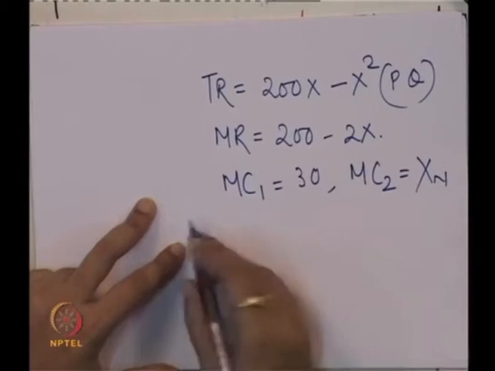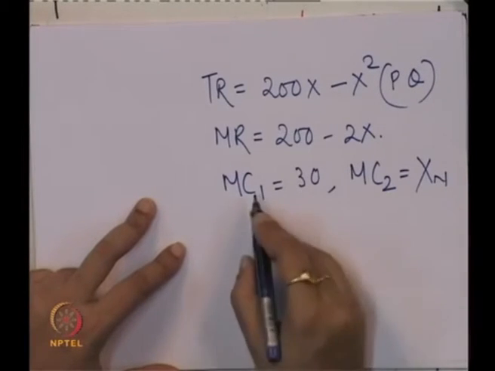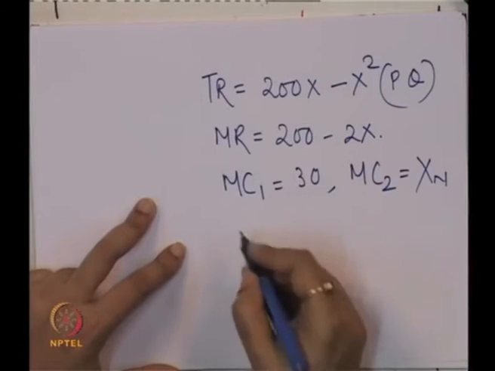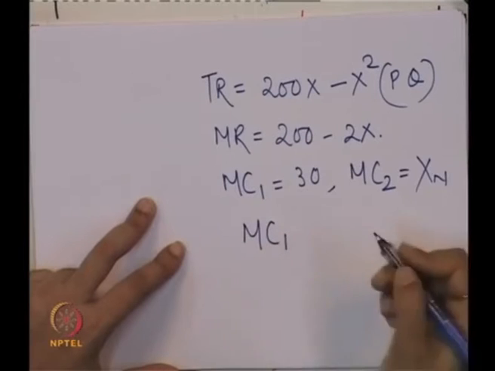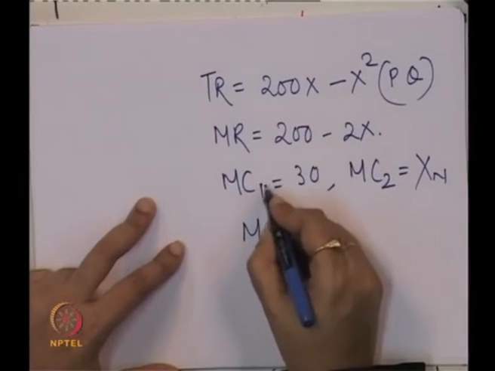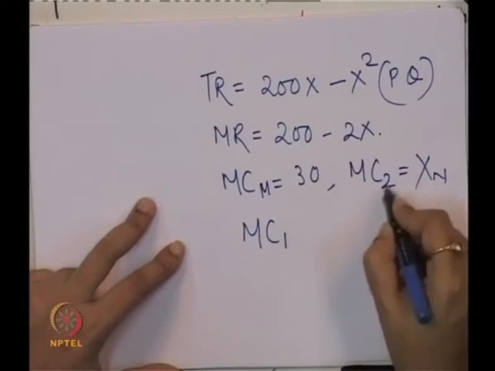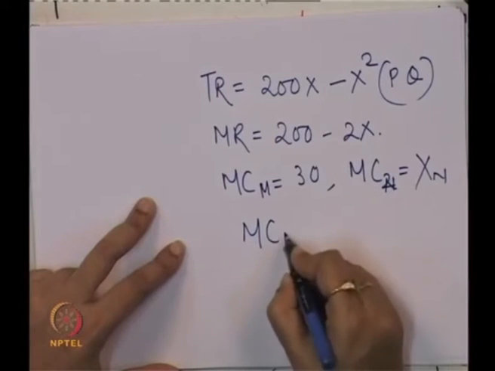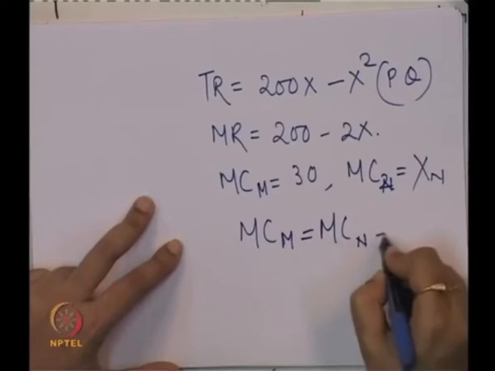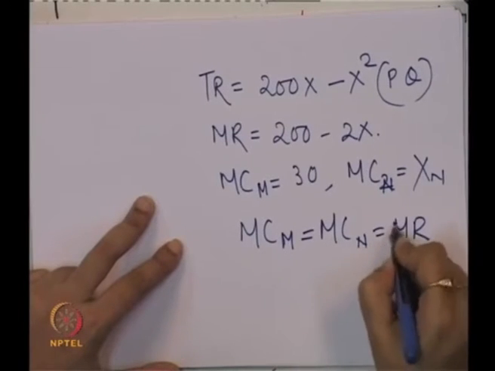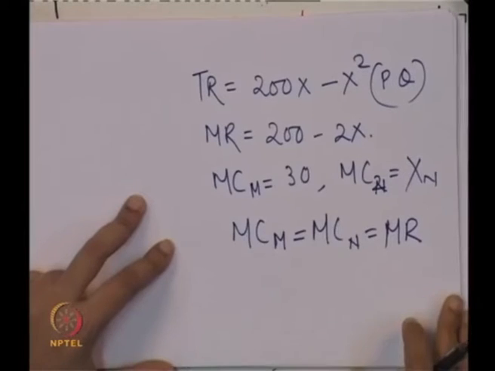To find the values of xM and xN, we should equalize MCM and MCN, and marginal cost for M and marginal cost of N have to be equal to marginal revenue, that is MR.